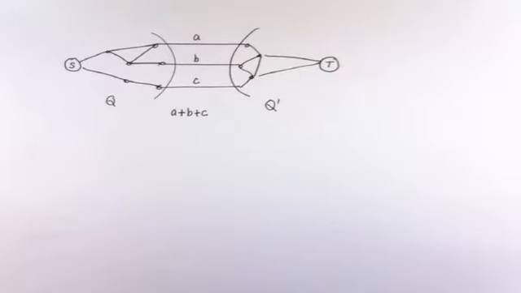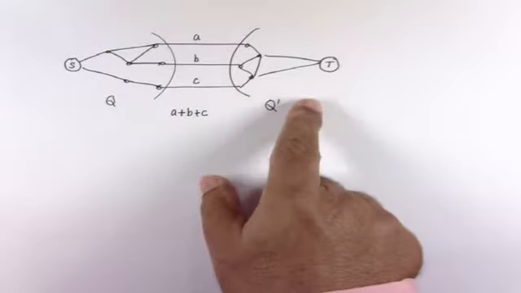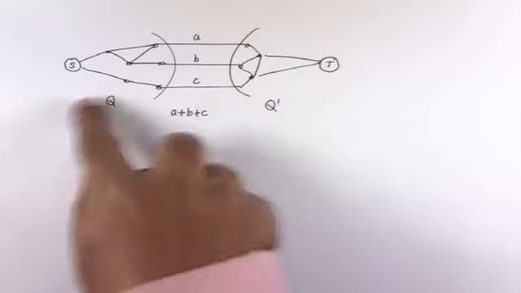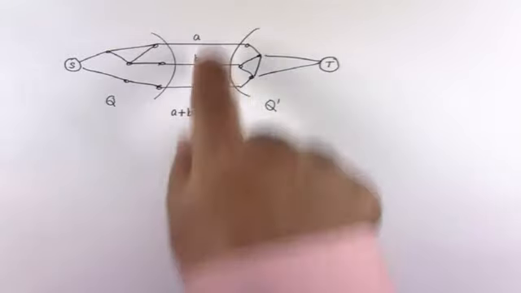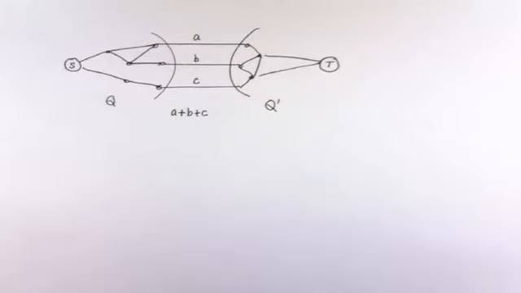If there is anything more that has to flow from S to T, it has to flow through some pipe, but I have already summed up the capacities of all the pipes from Q to Q dash. And this will hold for any cut that I take, any choice of Q and Q dash, where Q contains S and Q dash contains T.